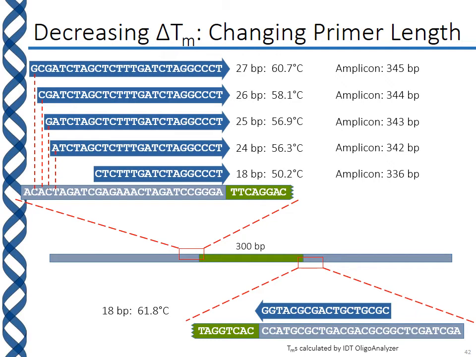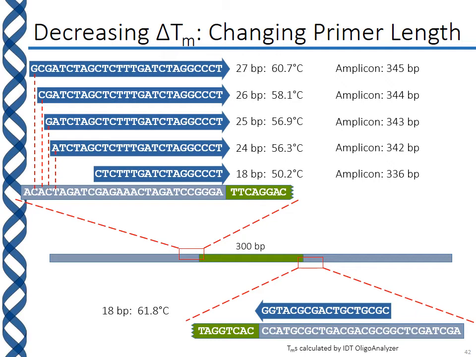If, for example, we wanted to, instead of bringing the forward primer's TM up to that of the reverse primer's TM, we could try to bring the TM of the reverse primer down to that of the forward primer. In this case, that would entail shortening the reverse primer. In this particular example case, that's not too much of an option because the primer length is 18 base pairs, so it's already a little bit on the short side.